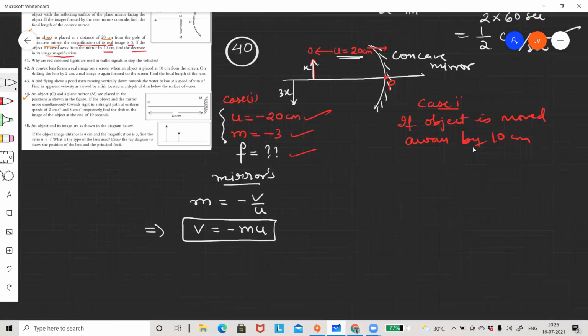And then we have the mirror formula, which is 1 by f equals 1 by v plus 1 by u. And then what I do is, in place of v, I will write minus mu. Okay, then I draw a demarcation here. So we have 1 by f is, I'll take LCM, we'll have here mu, and here minus 1 plus m, all right.